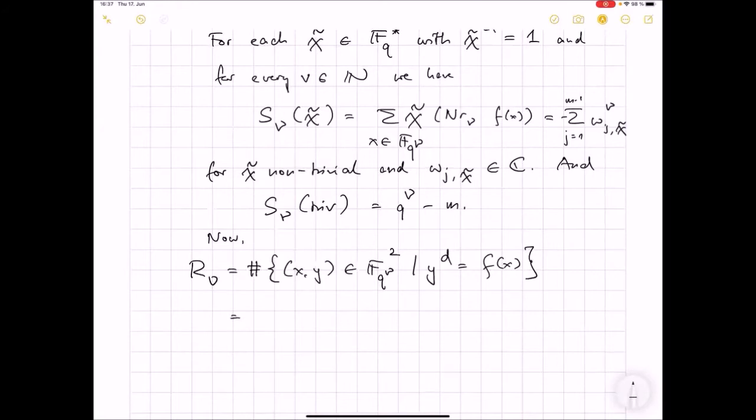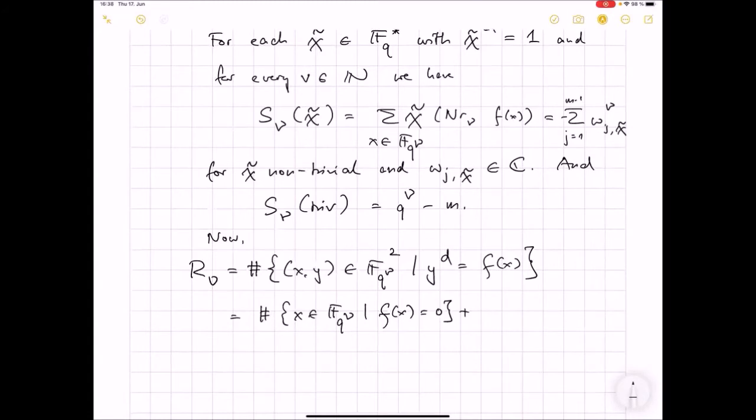There are 2 cases. Either y is 0, in which case x must be a 0 of f. So that would be the number of x in F_{q^ν} such that f of x is 0. And that cardinality, of course, is m, plus the non-zero cases.